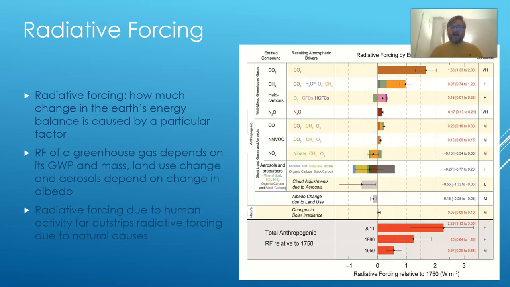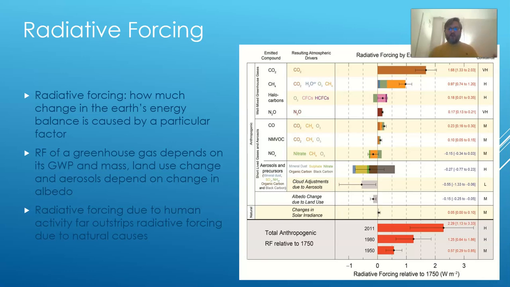And then albedo due to land use change has actually a net cooling effect. So we get urban heat island effects in urban areas, but we have even bigger areas in rural areas where human activity is actually increasing the albedo and therefore creating a cooling effect.